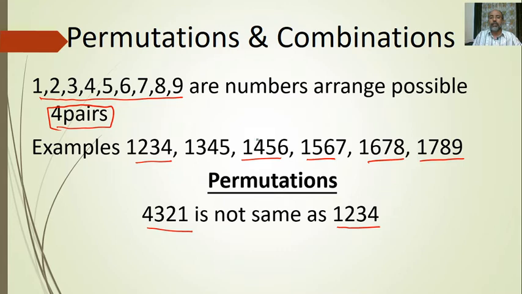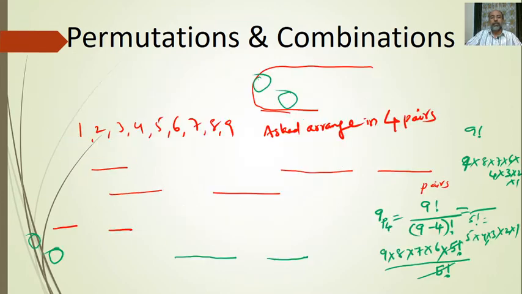Likewise, 1, 4, 5, 6 and 6, 5, 4, 1 are not the same number. Hence permutations are used to know the values of numericals.